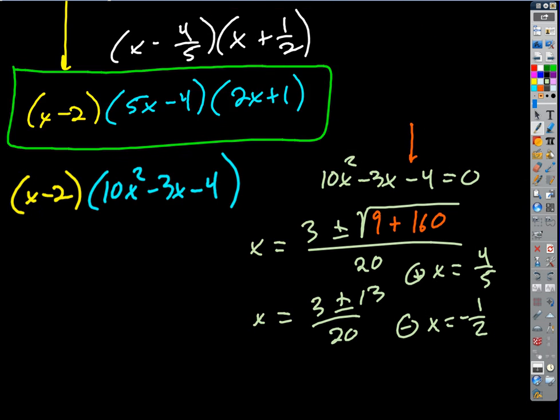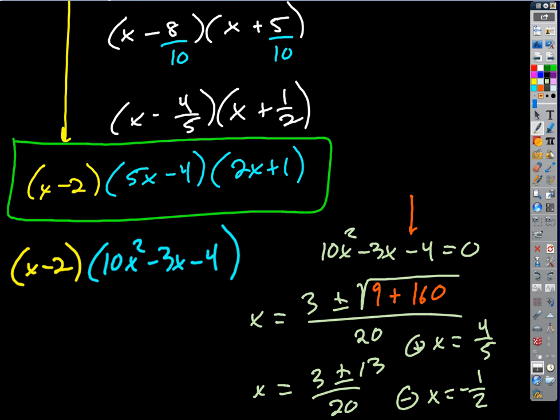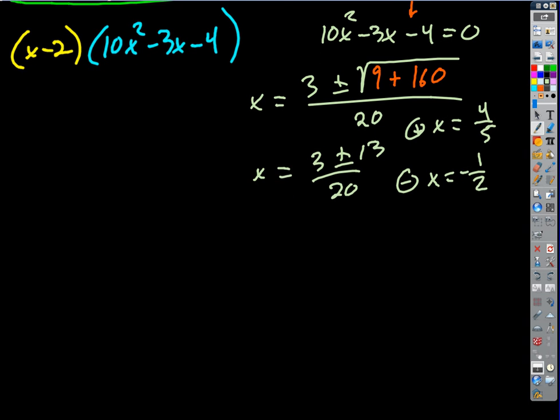Those look pretty familiar, right? There's our 1/2, there's our 4/5. And so from that point, everything's the same as it was up there. These are our zeros. Then the factors that must go with that would be x minus 4/5 and x minus negative 1/2.